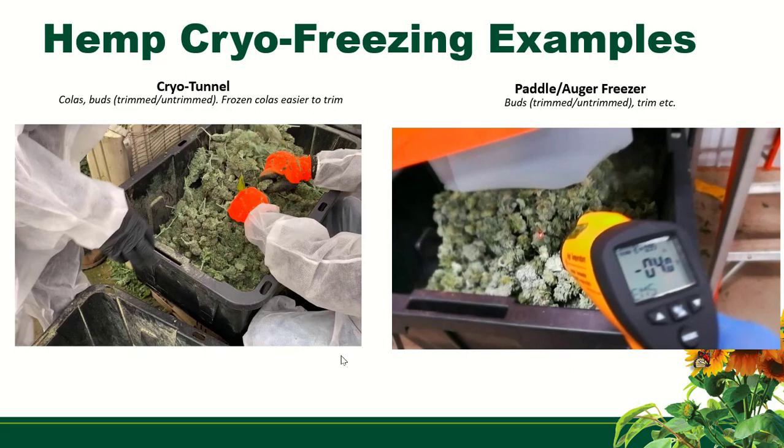We've had farmers tell stories of putting their flower directly into large boxes or large sacks, and even after a couple of days, bringing those sacks out, the middle of the flower is not frozen, the middle of these containers. That's because this flower is living.